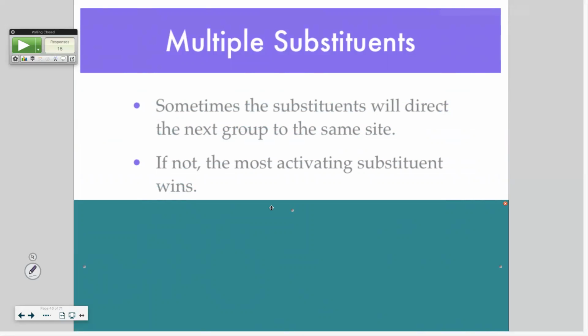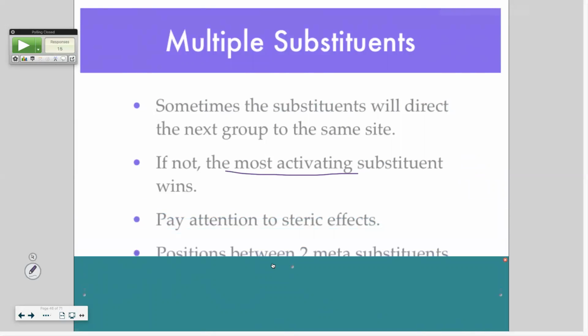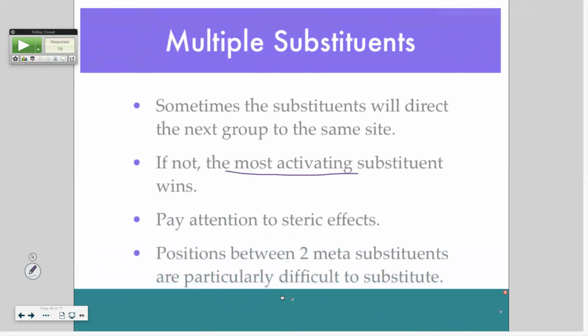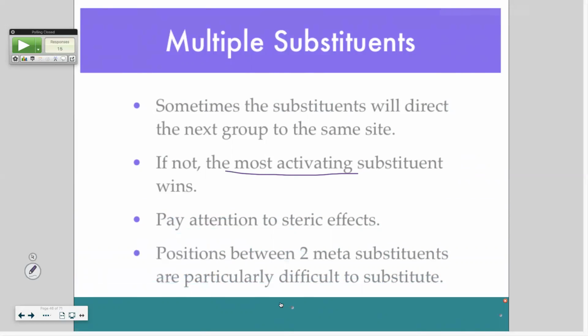So you should have in your mind the order of activating to deactivating. Most activating wins. Pay attention to steric effects like a t-butyl group. And positions between two meta-substituents are particularly difficult to substitute because there's stuff in the way.